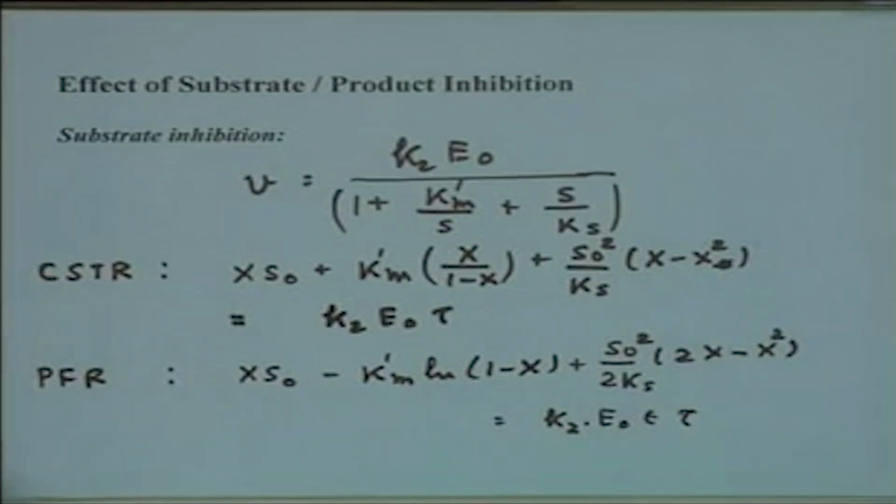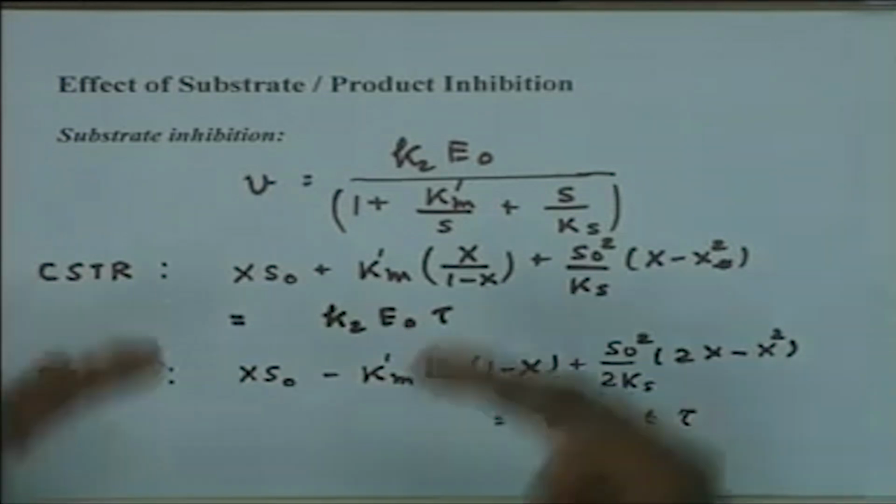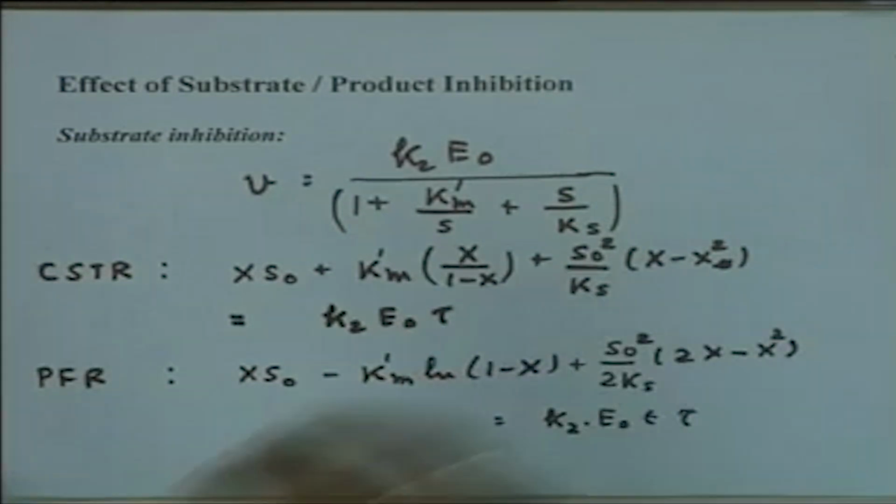So now the reaction performance equation gets modified, and as you will notice, in the case of substrate inhibition, the performance of CSTR will be far superior. You can just use these two equations and substitute arbitrary values for fractional conversion at a given substrate concentration.